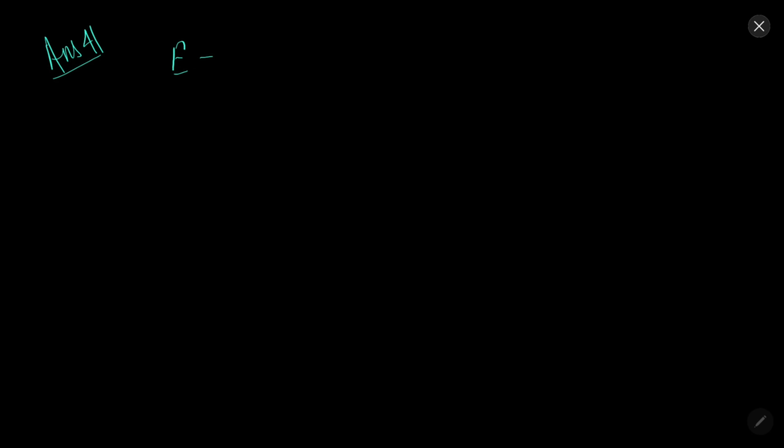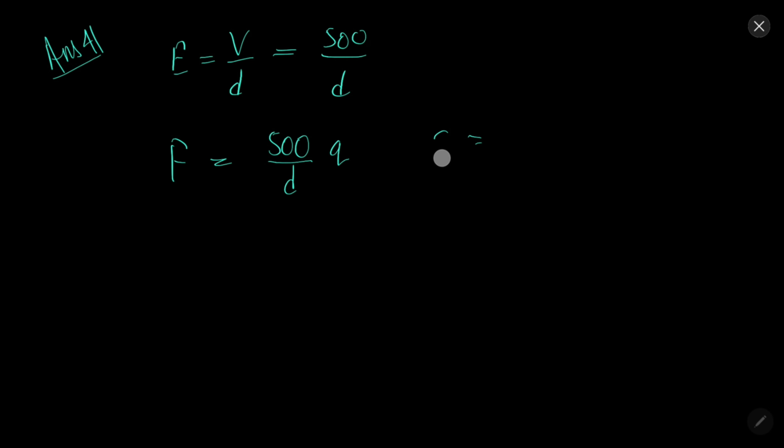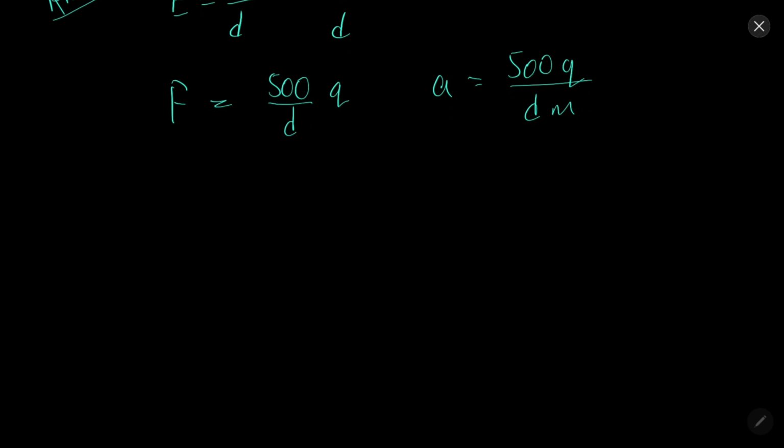So here E is V by d, so 500 by d, so F will be 500 by d into Q. Acceleration will be 500 Q by dm for mass. u square will be 2ad, 2 into 500 Q over dm into d.